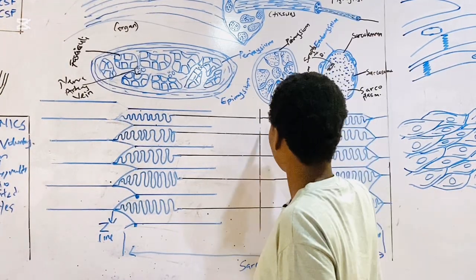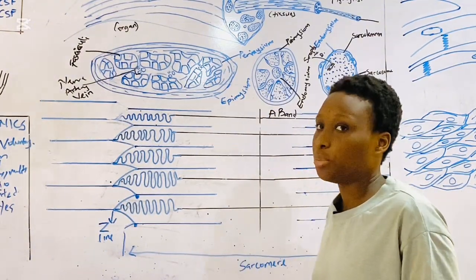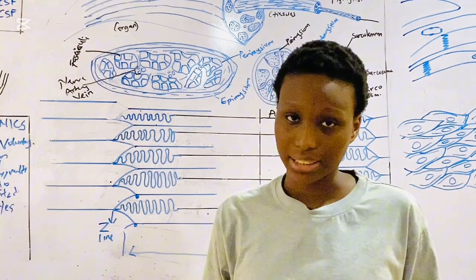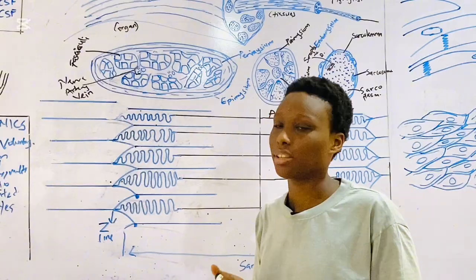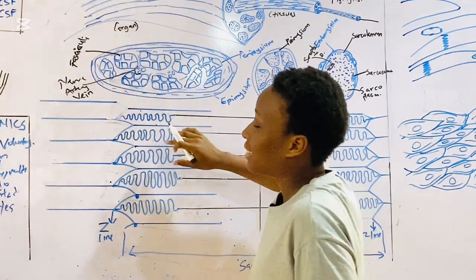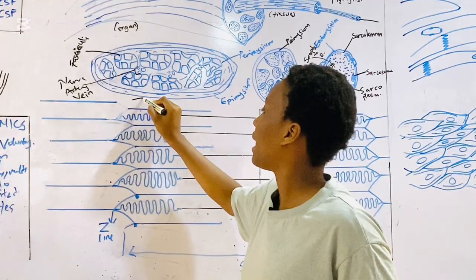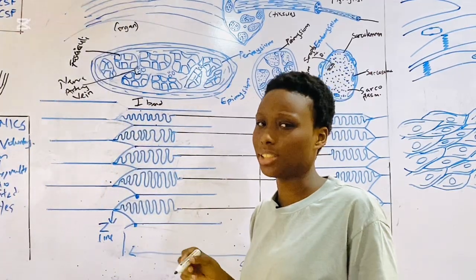A band means anisotropic in polarized light. And this part is going to be our I band. It is lighter. What did I just say? I said it is lighter.